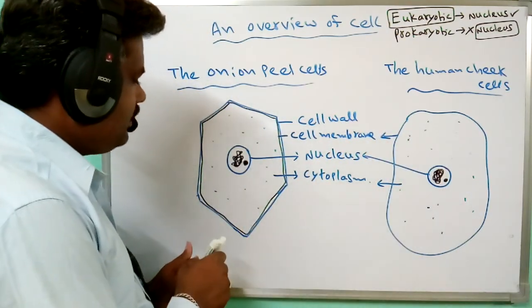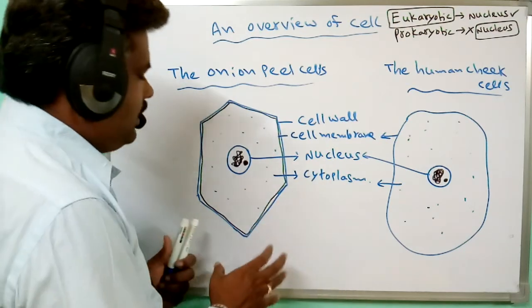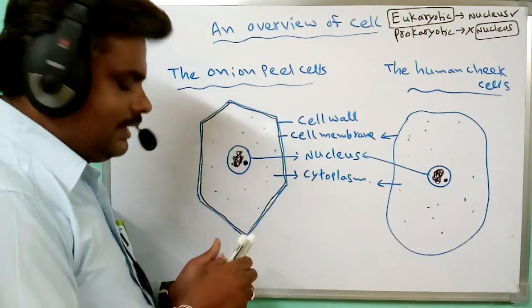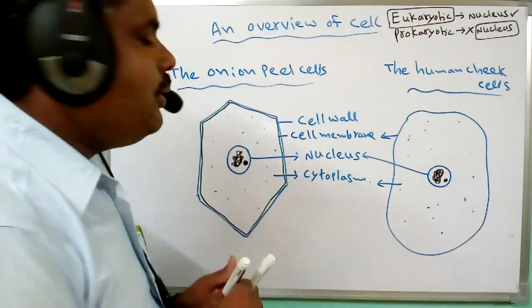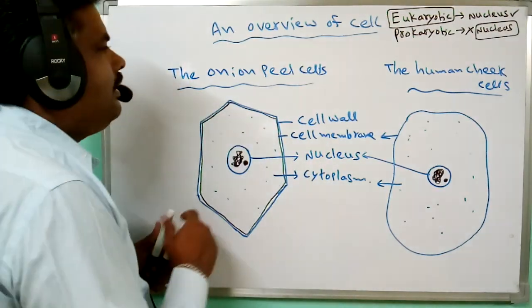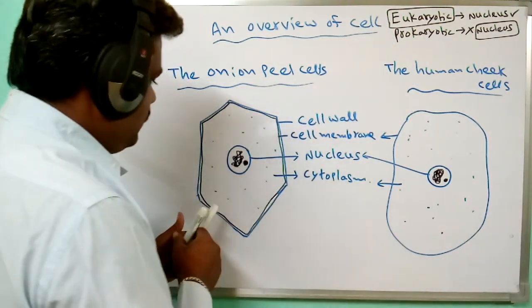Next, inside the cytoplasm, besides the nucleus, some membrane bound structures are also present in eukaryotic cells.